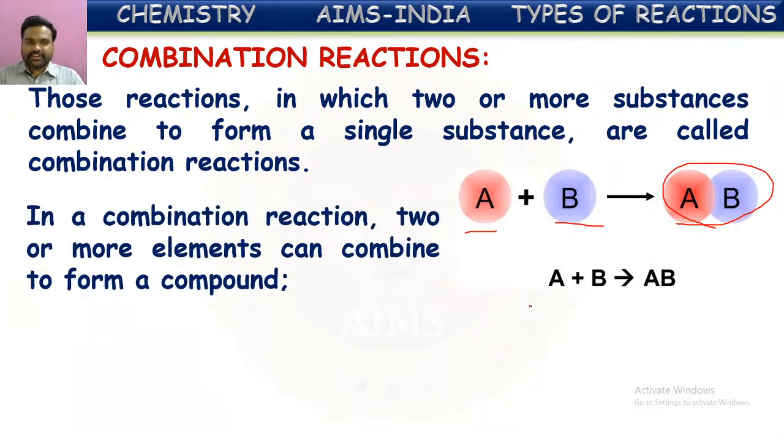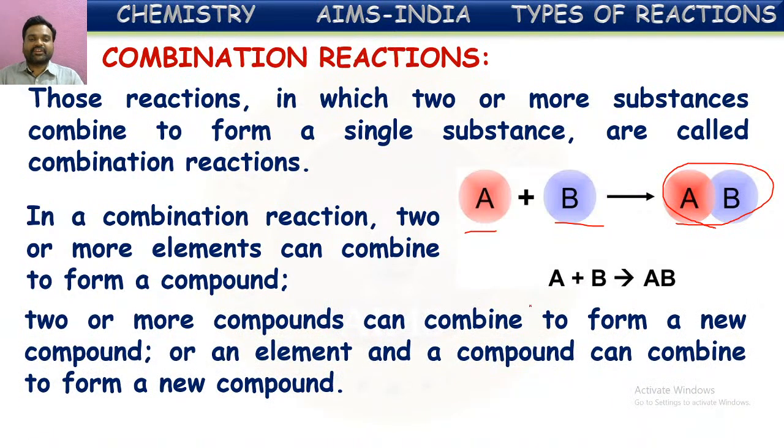In a combination reaction, two or more elements can combine to form a compound. Sometimes only two elements combine to form a compound. In some chemical reactions, two or more compounds can combine to form a new compound. In some other combination reactions, an element and a compound combine to form a new compound. So the combination of different substances may occur.